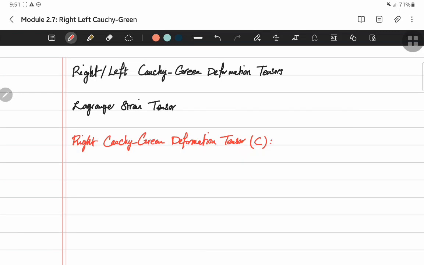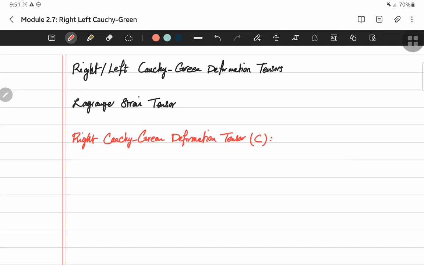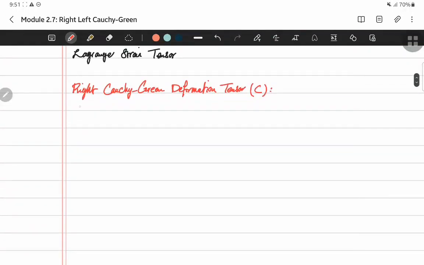We're going to find their diagonal as well as off-diagonal terms and see what they represent, because so far we have developed different tools and different strain tensors, and now we discuss these three tensors, and then we pick our tools accordingly. So let's get to the first topic, which is the right Cauchy-Green deformation tensor.